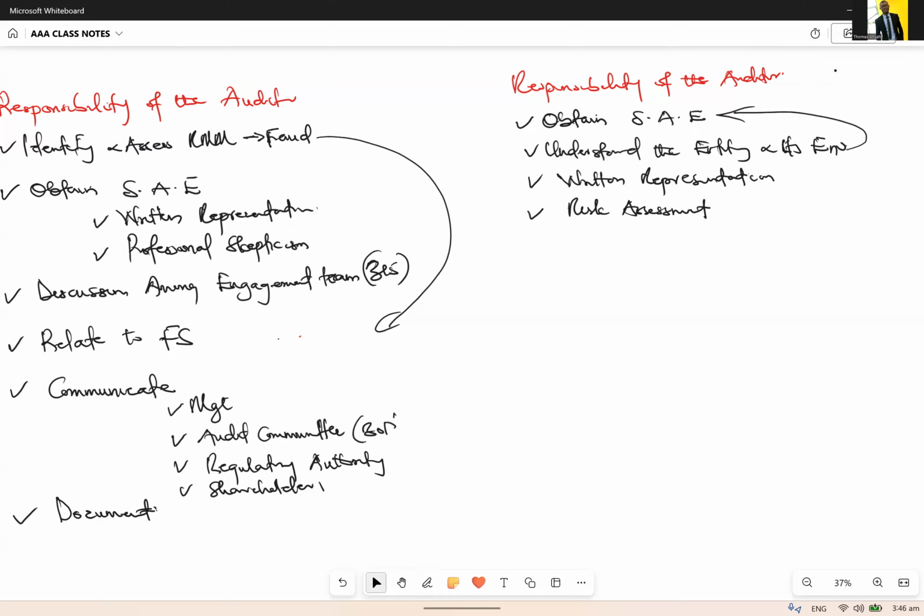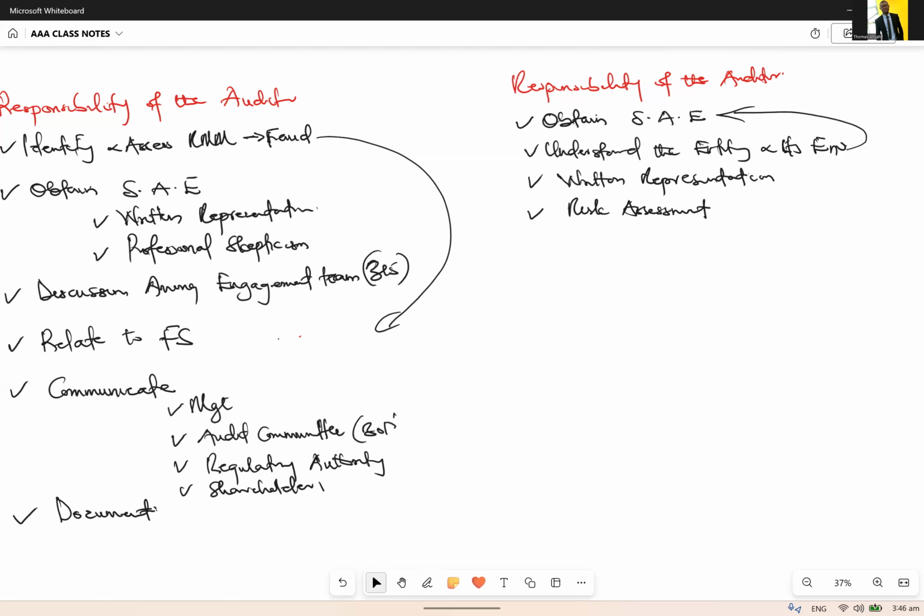So, like I said, obtain an understanding of the place that you are going to audit. Then, if you suspect some non-compliance, obtain evidence about that. Any suspicion that you have, obtain evidence about it. Once you obtain the evidence, you must communicate it.